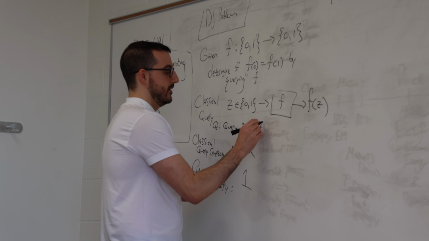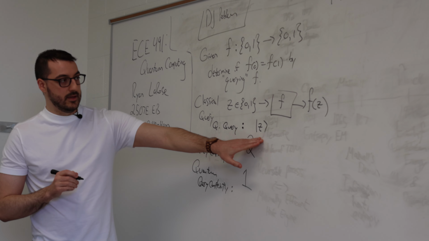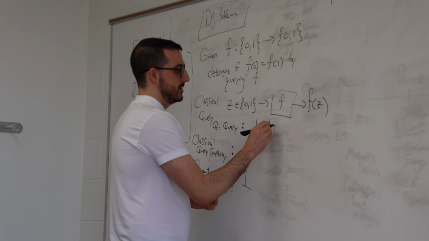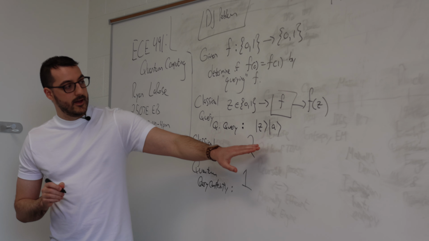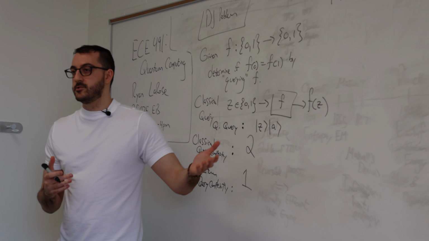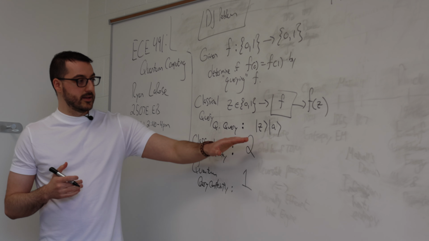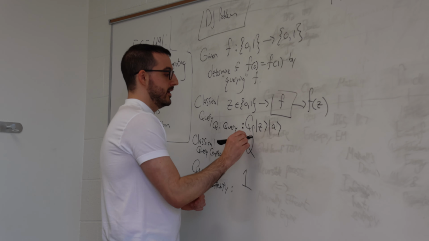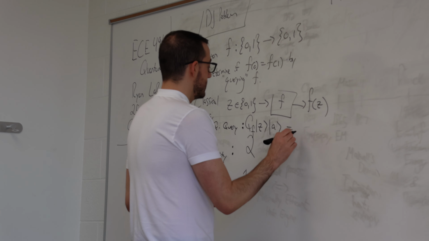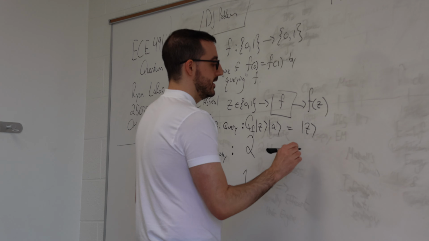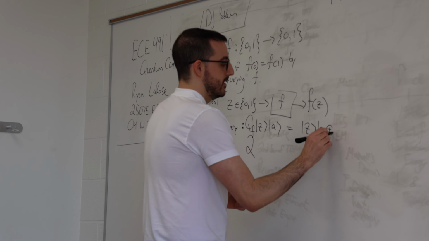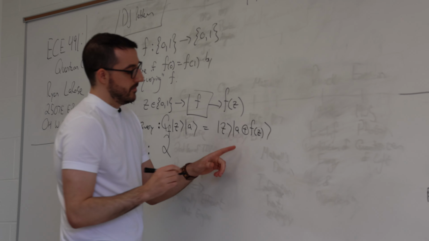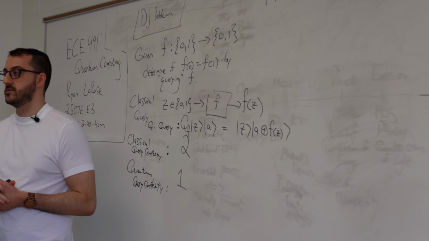So the trick that we use to make this reversible, I'll actually write it down, is that whatever the input qubit is now, z, I'm going to require another ancilla bit, which I'll write as a. Ancilla just means an extra bit that we're using, sort of like a workspace. And what we're going to do is the quantum query, Q sub f acting on this, is going to keep around the input z, and then it's going to do a plus f of z, plus with a circle, meaning addition modulo 2.